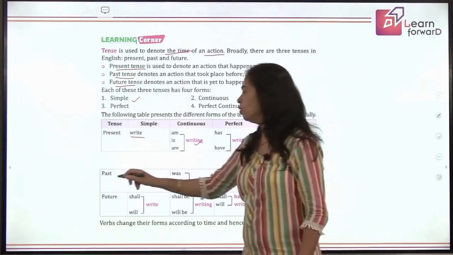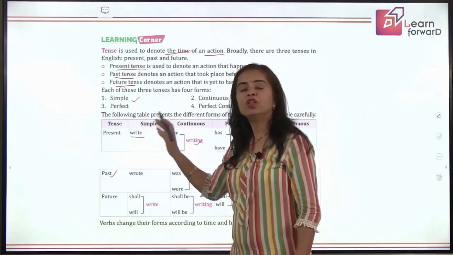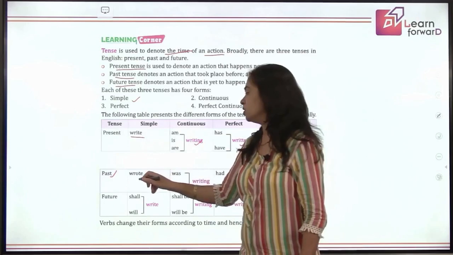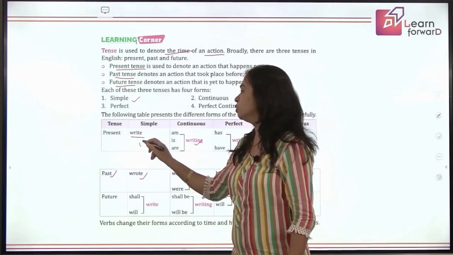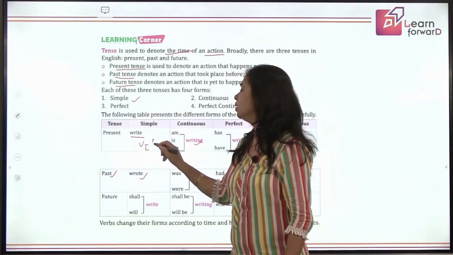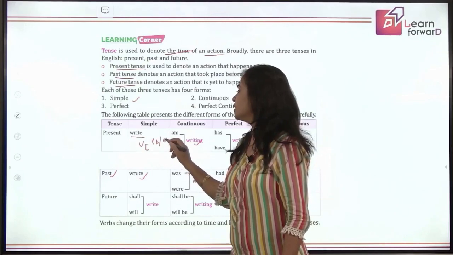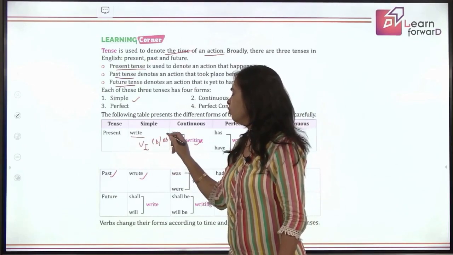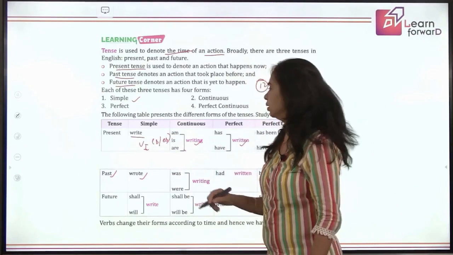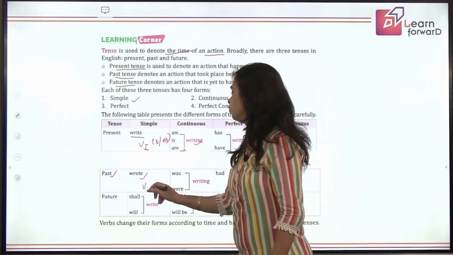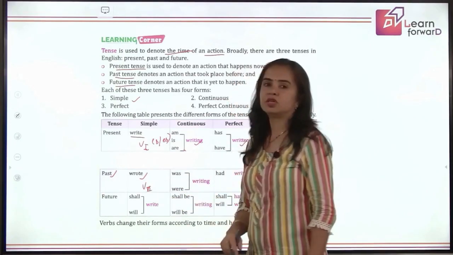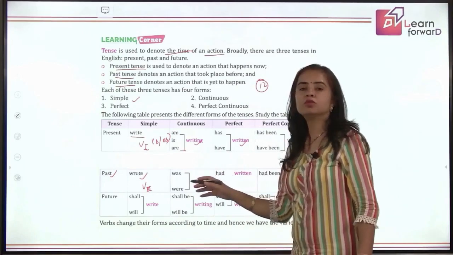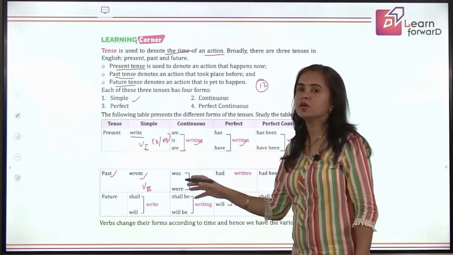When you talk about past tense, with all the subjects, you just use the second form of verb. In present, this is the first form of verb, and sometimes you use s or es when your subject is singular. Here you use the second form of verb with all the subjects. And then when it comes to past continuous, was, were with the ing form.